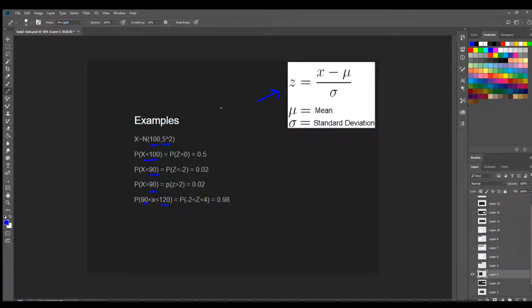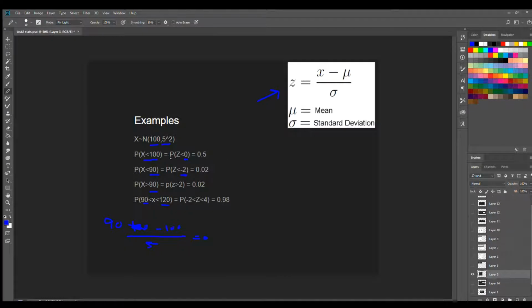Following this formula, 100 minus the mean, which is also 100, would be 0, and then divided by 5, which is still 0. So hence the z is 0. And this would be the same, except the first number would be 90, which gives minus 2, etc.